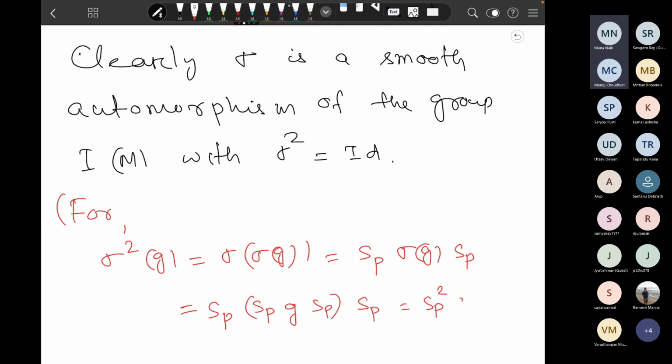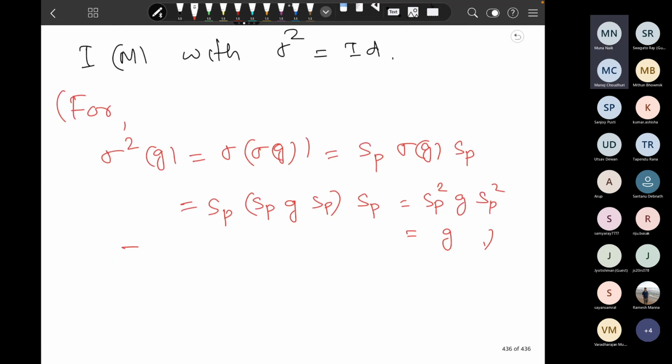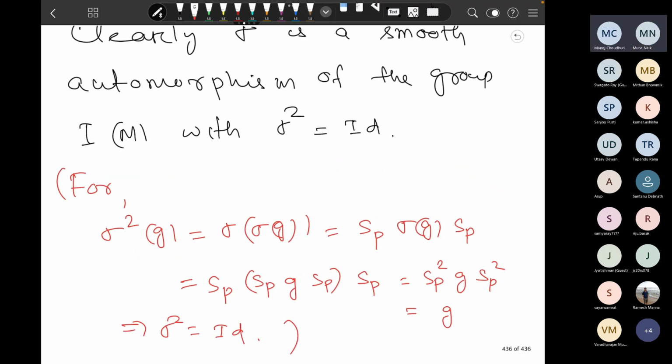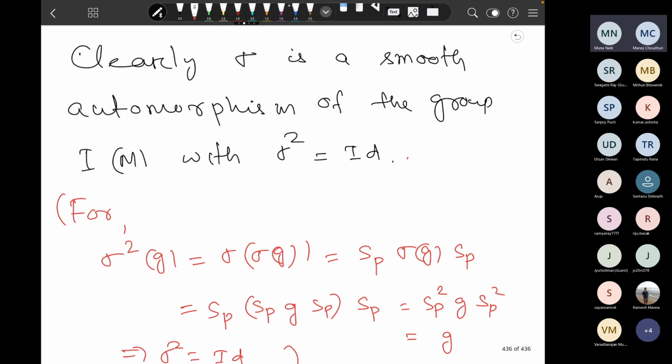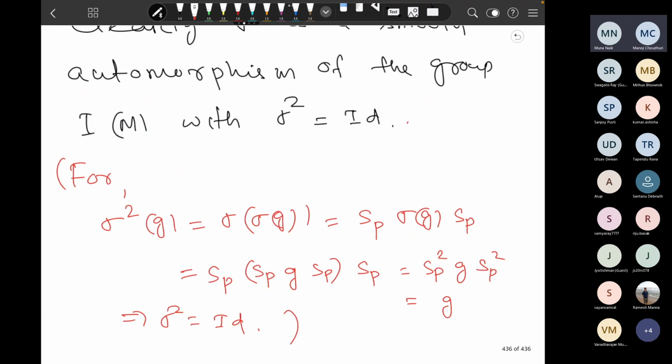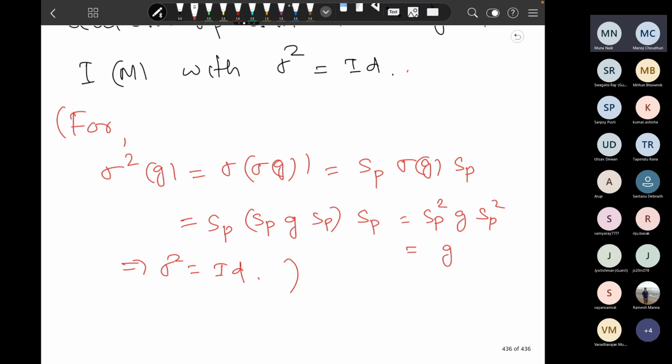So this is s_p squared g s_p squared. s_p squared is identity. This is g. Sigma squared is identity. So are you convinced, Manoj? Yeah, sorry. No, you should not say sorry. Okay. So clearly sigma is a smooth automorphism of the group I(M) with sigma squared identity.